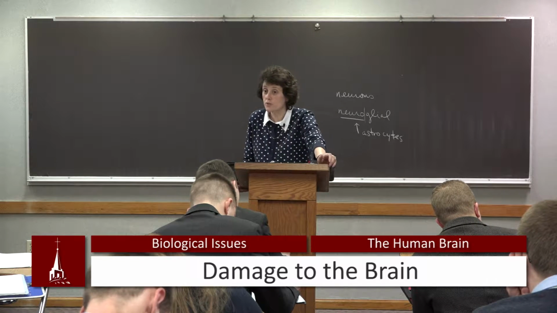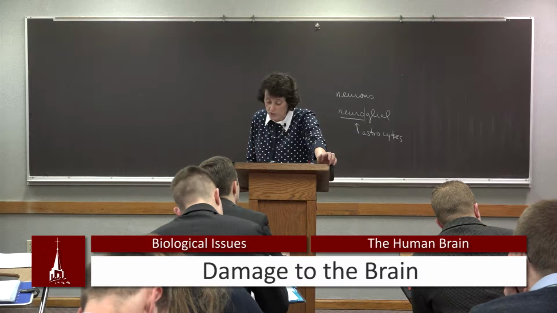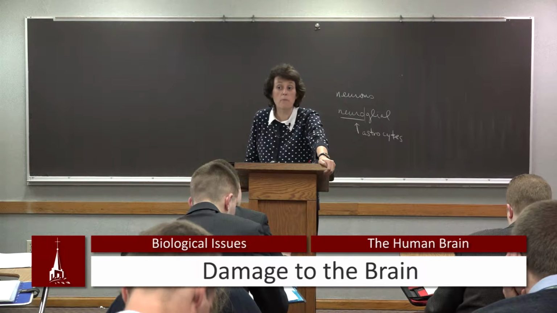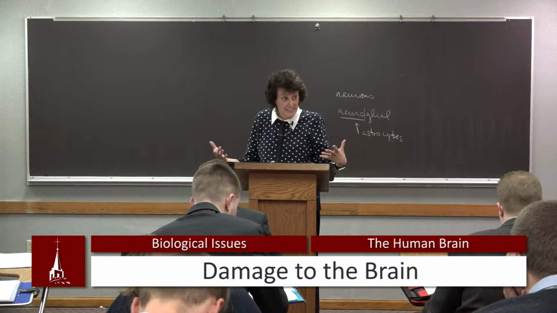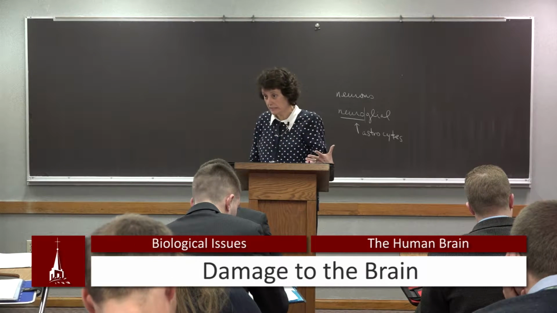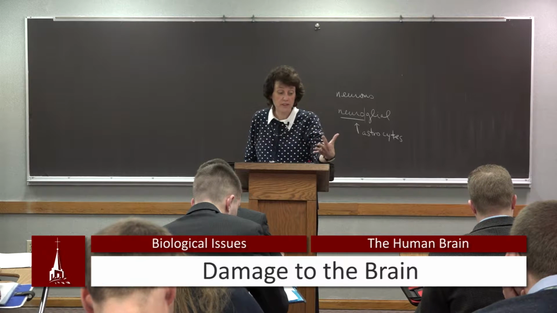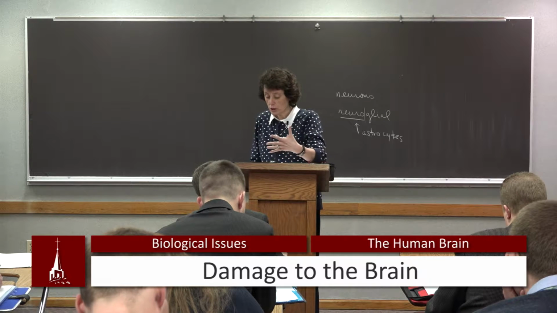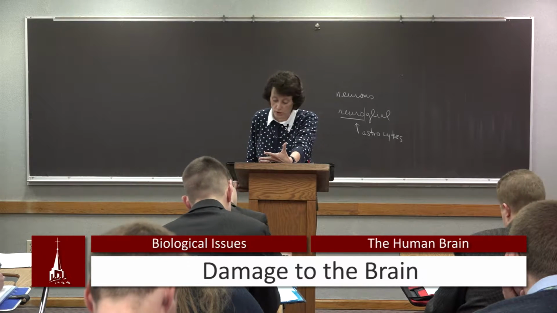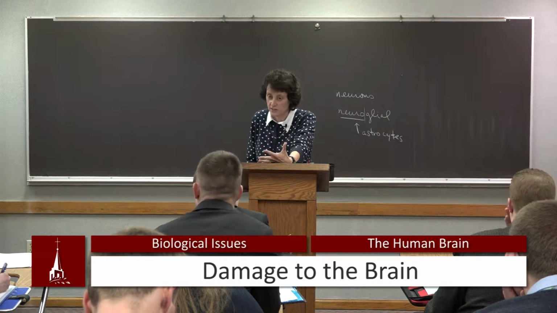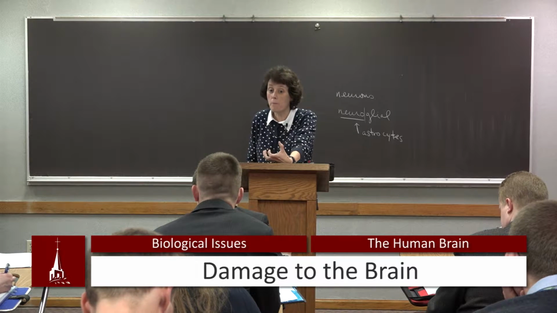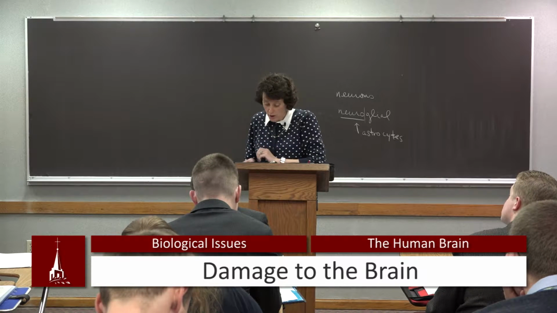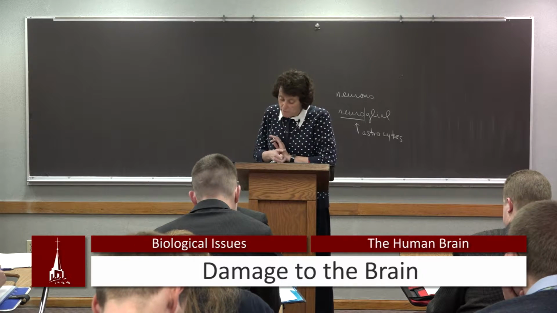So damage to the physical brain results in a loss or alteration of skills, functions of both the brain physically and the mind mentally. You're going to lose physical controls. You're going to lose mental controls. Loss and alteration of skills and functions of both the brain itself, the physical part of it, and the mental part of it.